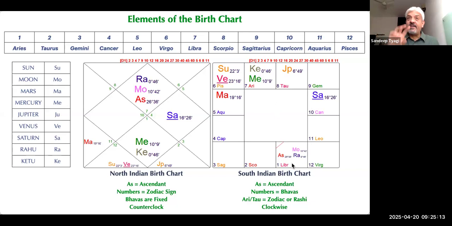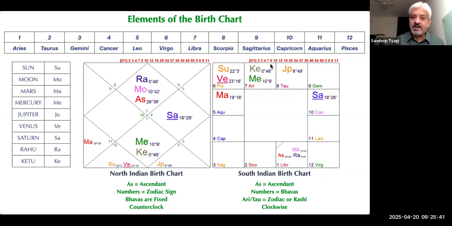Which means the bhavas would change with the ascendant changing. So if I were born in Sagittarius and you were born in, let's say, Scorpio, then the number 1 for me would be here somewhere where Cancer, CAN, is written. Whereas for the person born in Scorpio, the AS would come here. And hence number 1 will come here and number 1 will come here.